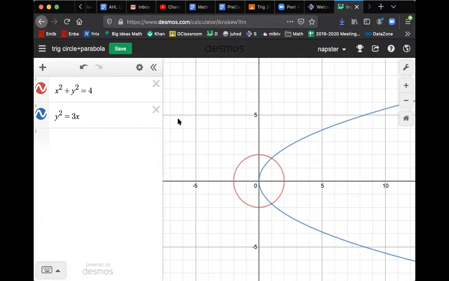And that's because over here, we got y equals the square root of 3x, right? And it's a y squared, not an x squared. And then here's the two places where x is 1. And you can see the two solutions. Those are the square root of 3 and the opposite of the square root of 3.